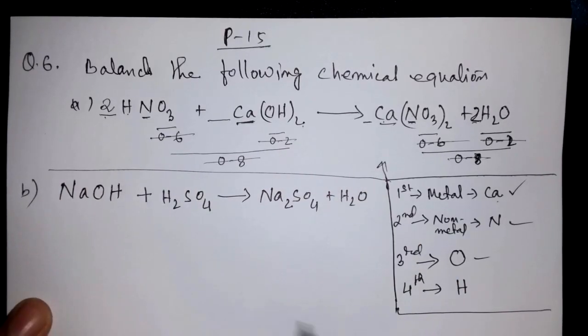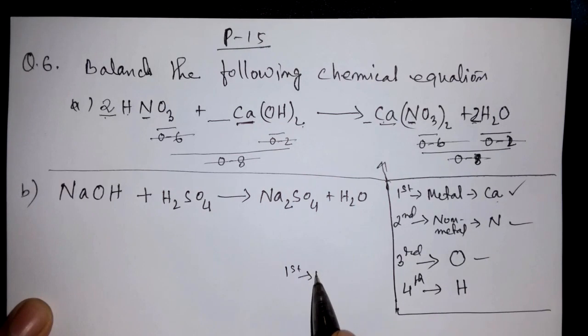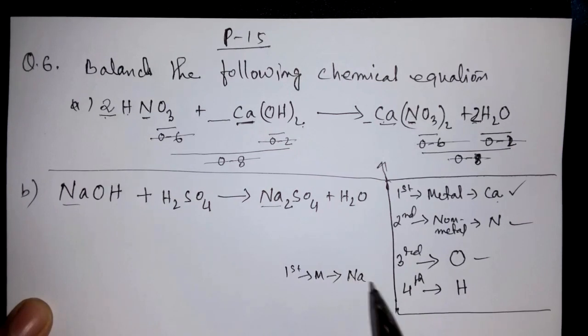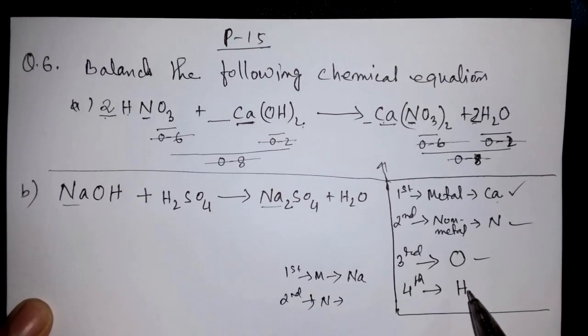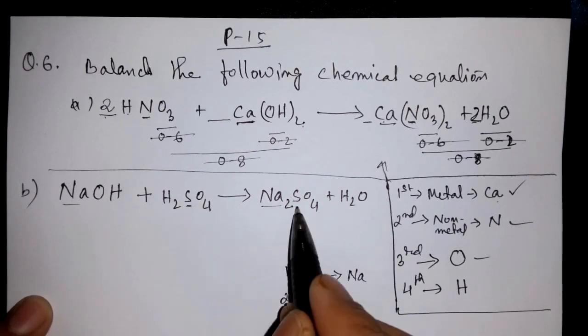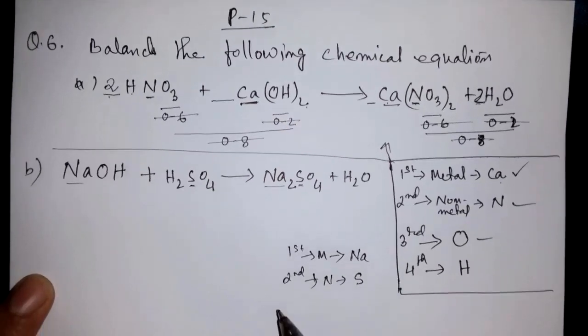Okay, so here first what we'll do, first we have to do metal. Let's see, which metal do we have? Sodium. Then second, what we should do, non-metal other than O, N, H. So we have to check whether we have a non-metal other than O, N, H. Okay, there is a non-metal, sulfur, other than O, N, H. So second, sulfur we have to try.